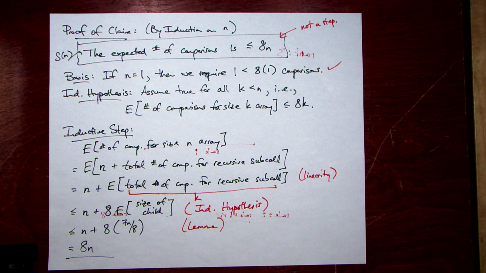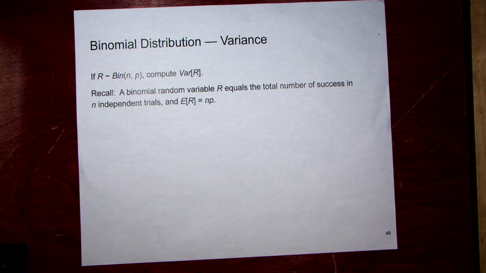Okay, good. All right. We have 3 distributions to compute the variance for. Might as well start here. Okay, binomial distribution. Compute the variance for this. So binomial random variable R equals the total number of successes in n independent trials. You could do the base calculation of this, or you could use the shortcut.